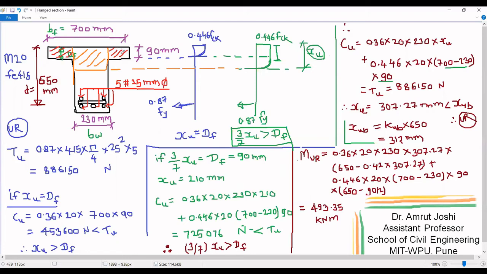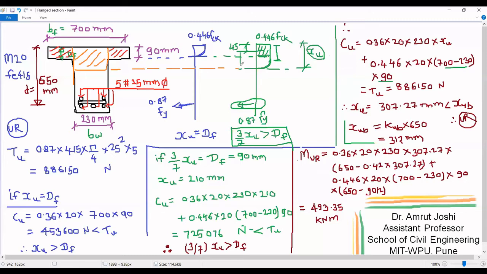Now let us look at the contribution of this portion of the flange, which is shaded in red. It is going to derive its compressive force. The compressive force acting on this red shaded portion is going to be at the CG of this stress block, which is rectangular one, and it happens to be at the distance df by 2 from the extreme compression fiber. So it is at the distance of 45 mm from extreme compression fiber, and the tensile force corresponding to it, however, is going to be offered at the same location.